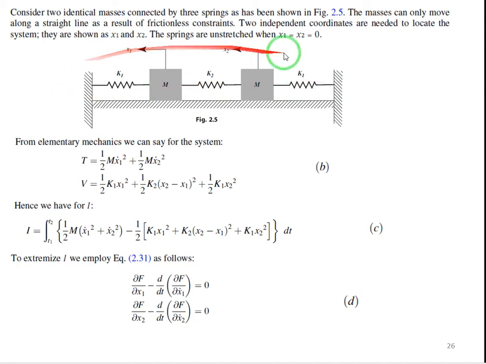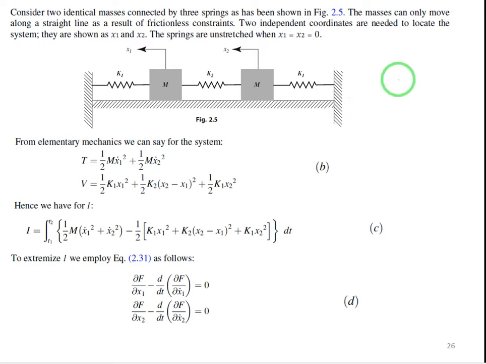This is our problem, and let's say that at x1 is 0 and x2 is 0, the system is at its equilibrium point, or in other words, the springs are unstretched at x1 is 0 and x2 is 0.